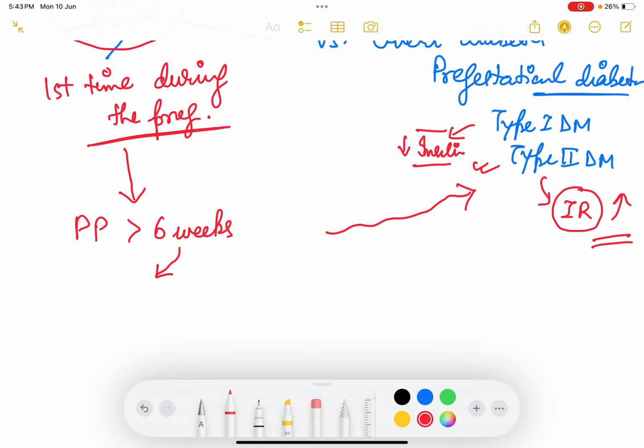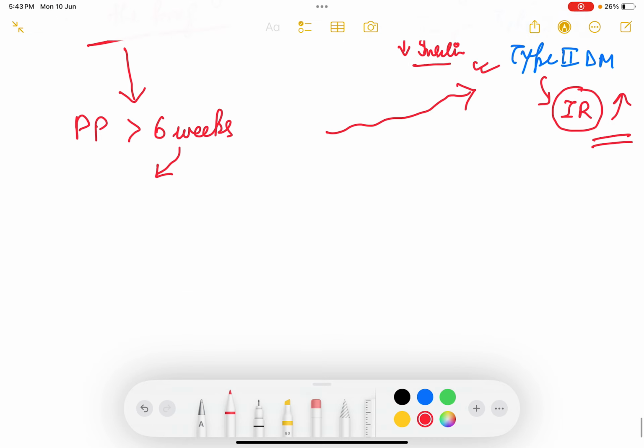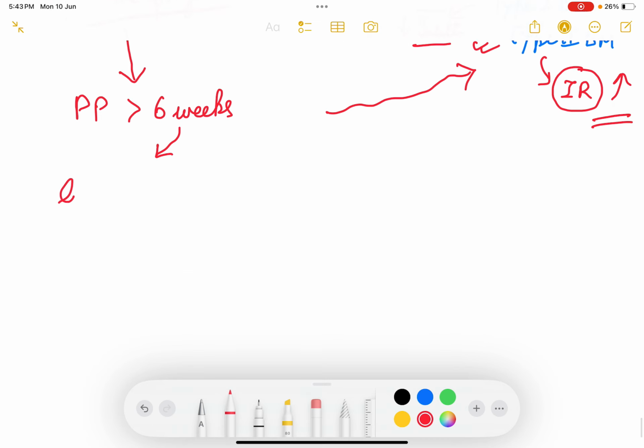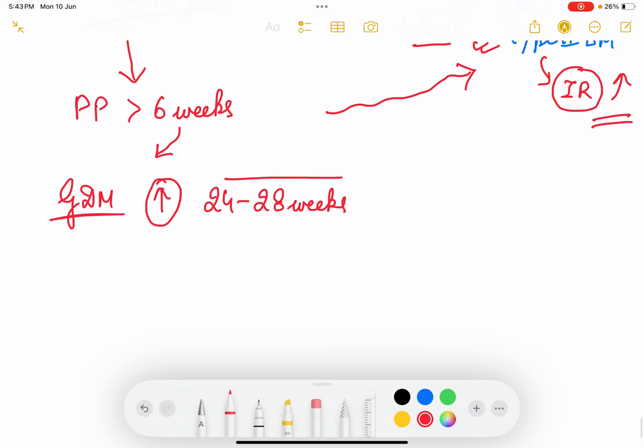Now actually what happens, the incidence of gestational diabetes, that is GDM, is high after 24 weeks of pregnancy, that is 24 to 28 weeks of pregnancy, that is 6th to 7th month of pregnancy. Hyperglycemia is at its highest. Why is this so?